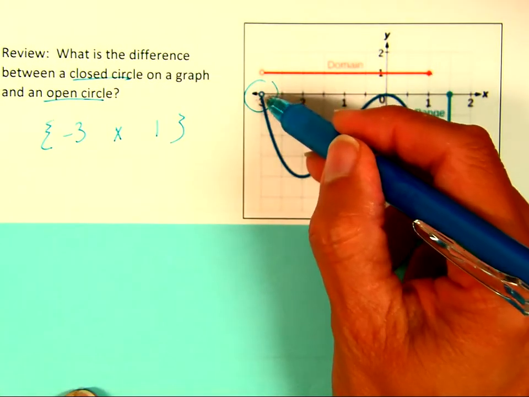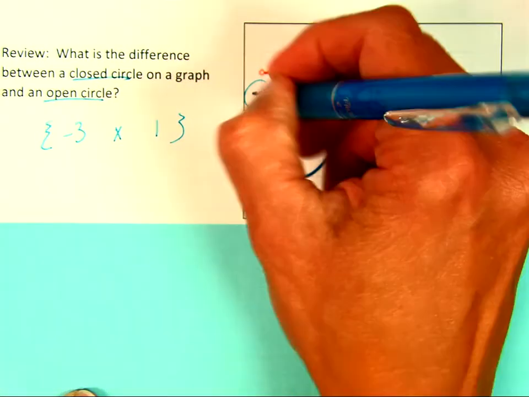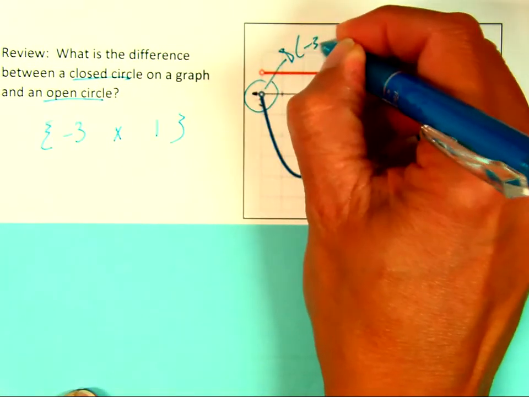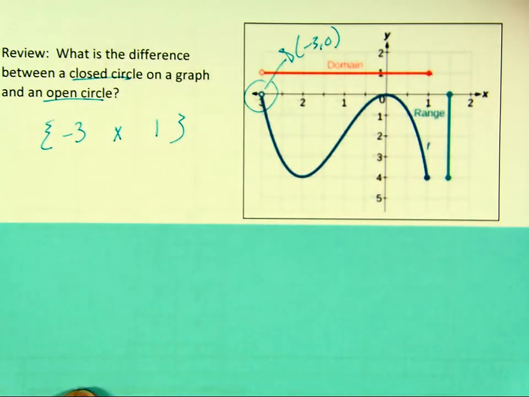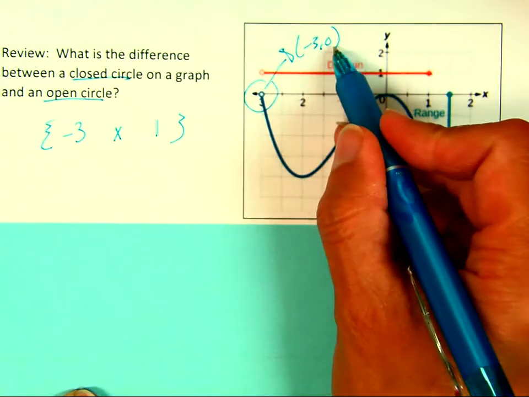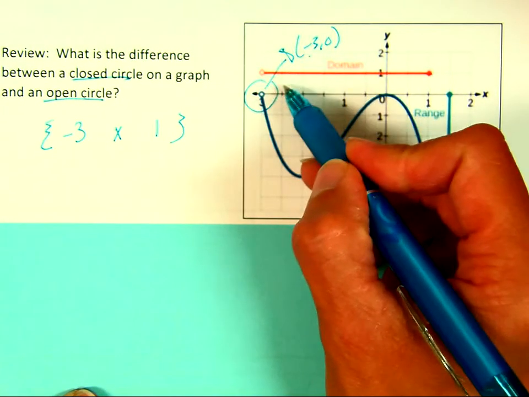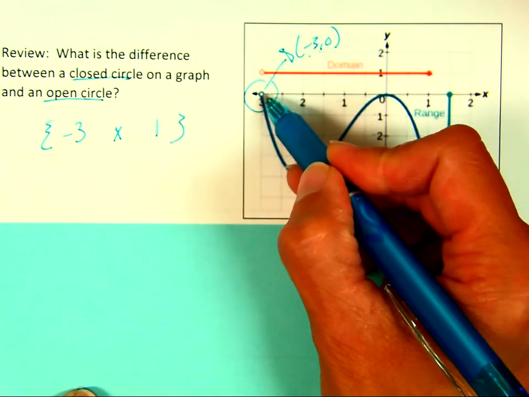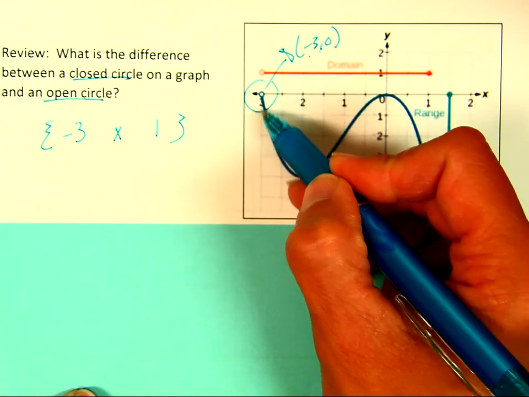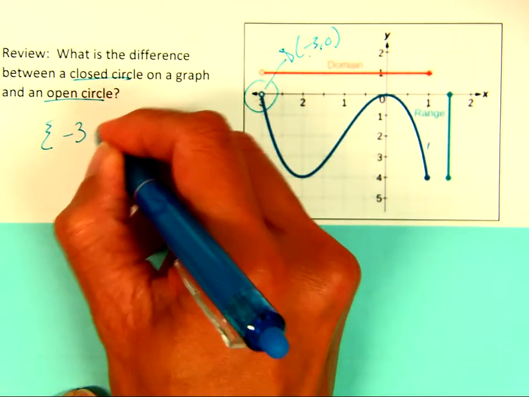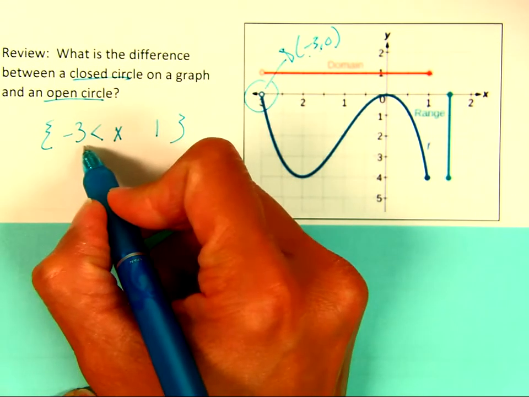An open circle means that that number right there isn't included. That coordinate is (-3, 0). It doesn't actually go to -3, but it goes right up to it. So I know that I have to put a less than sign there because that's not included.